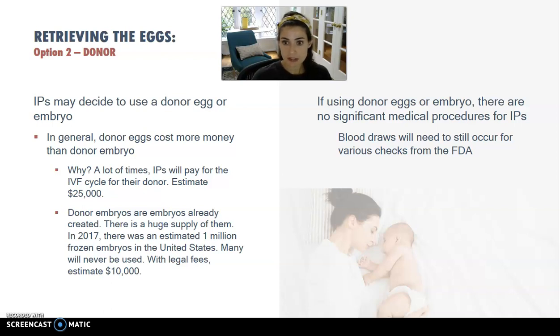In 2017, there were an estimated 1 million frozen embryos in the United States, and many of the parents of those embryos do not plan on ever using them. Therefore, these embryos are routinely donated to couples in need. With legal fees, the cost of using a donated embryo is about $10,000.